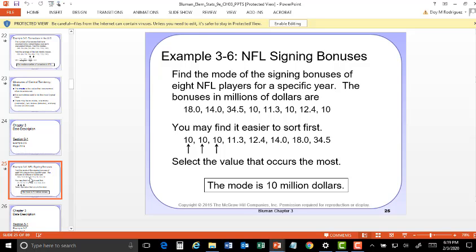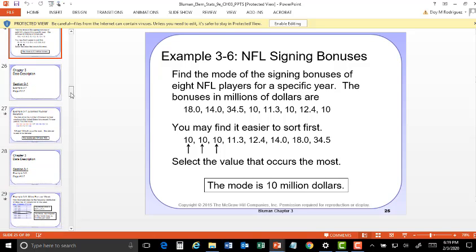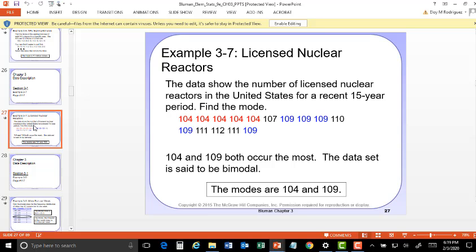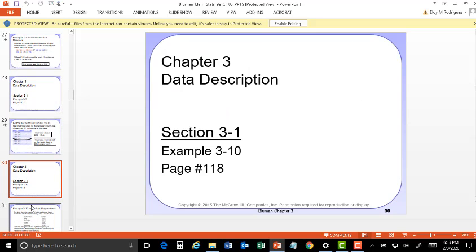There, 104. And these two, so the data set is said to be bimodal. And if you have more, trimodal. Alright, so they're all modes.